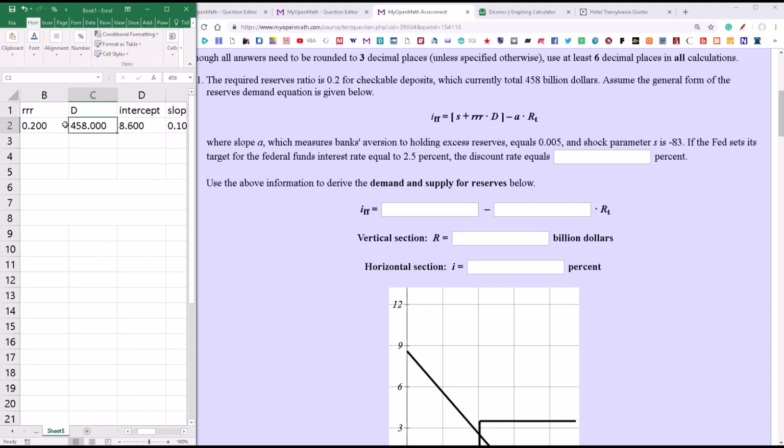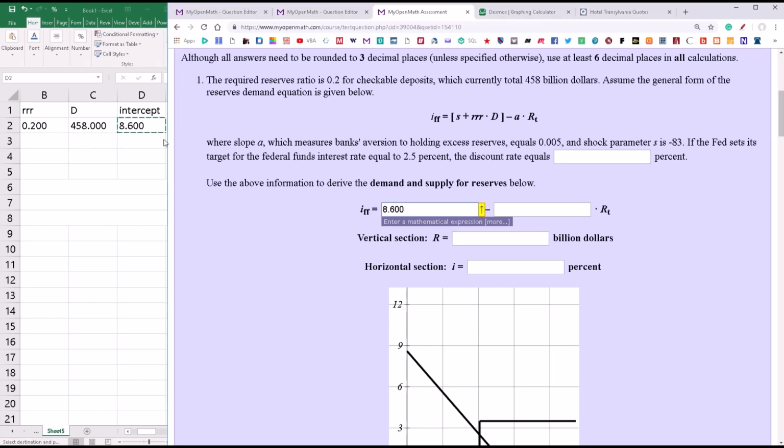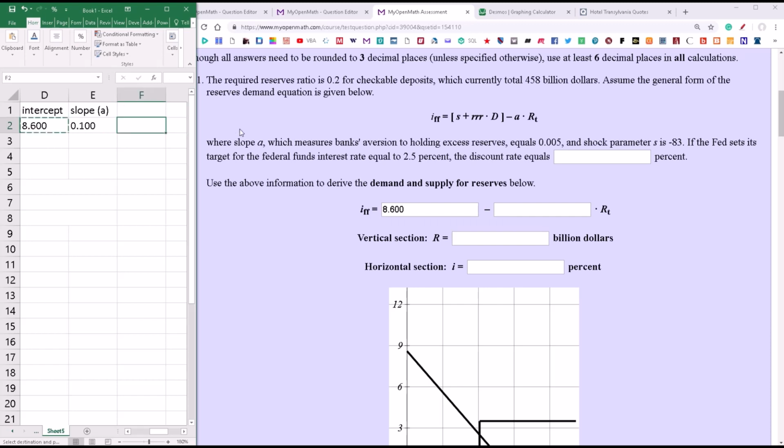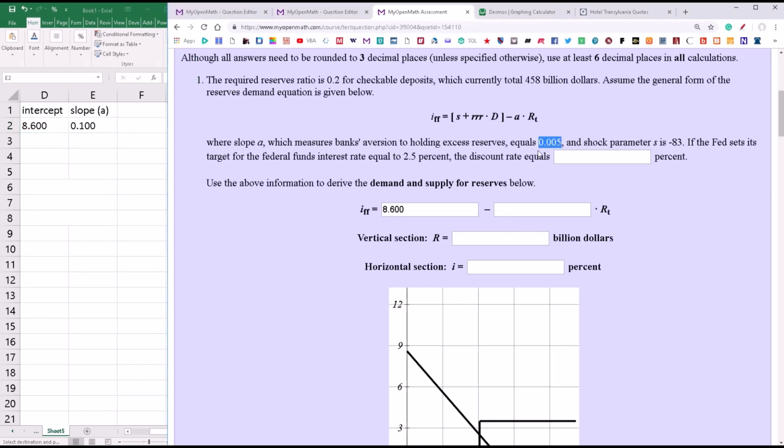Okay, and then the intercept becomes the sum of the shock parameter and required reserves, and it's 8.6. The slope is 0.005 here.